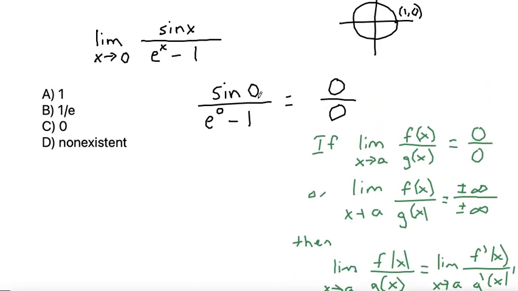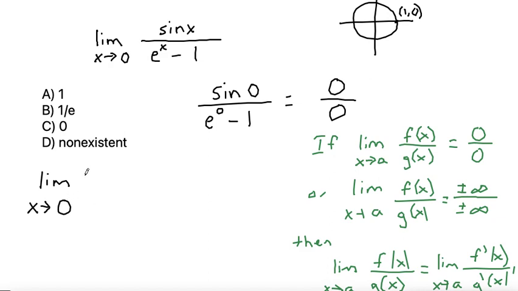So if we look at our function, the top function is sine x. So since we have 0 over 0, we can use L'Hopital's rule and take the derivative of the top and the bottom. So we'll bring down the limit as x approaches 0.